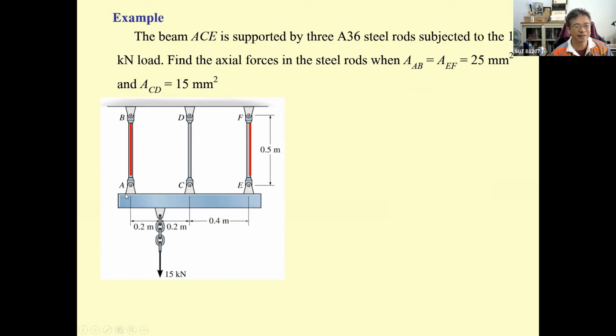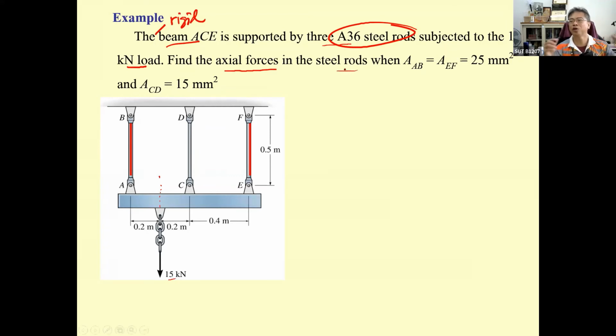Okay, coming to this, the beam ACF, that is going to supposed to call the rigid beam. Okay, it's supported by 3 rods, all of them made by steel and subjected to 15 kilonewton force in the portion of AF. Okay, they ask us to find the axial force in the steel rod.